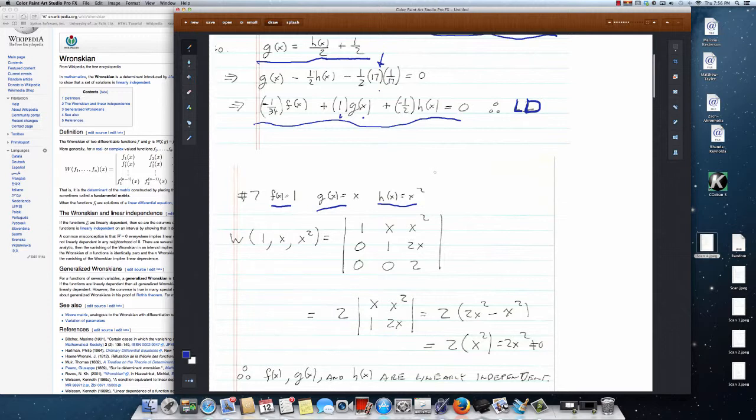So what we can do is use the Wronskian. We will form the determinant of the matrix where I put f of x right here, g of x, and then h of x. Then the next row in this matrix that we're taking the determinant of is f prime right here, this is g prime, and this is h prime.